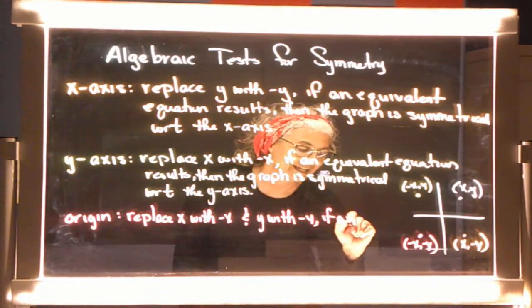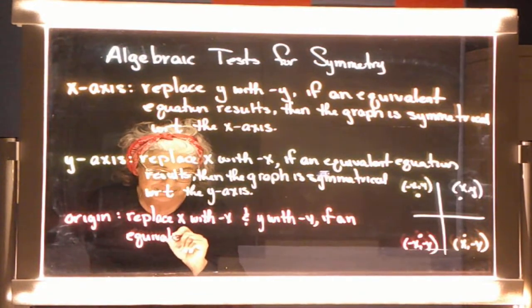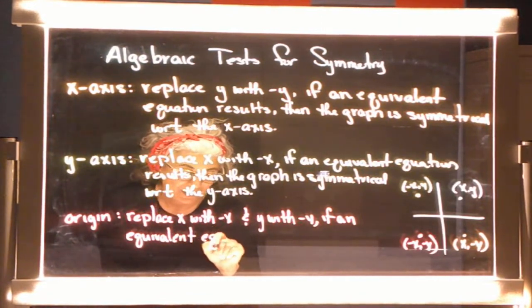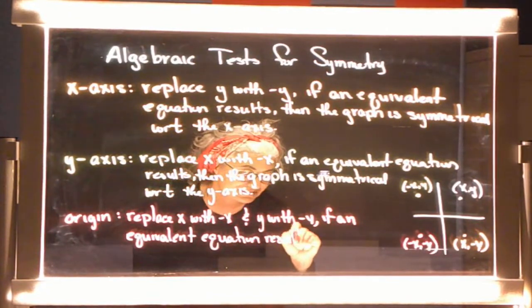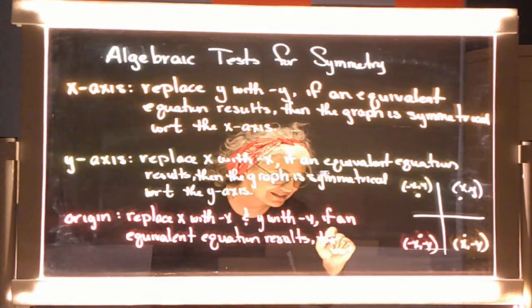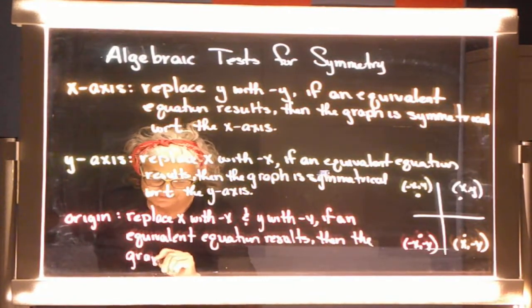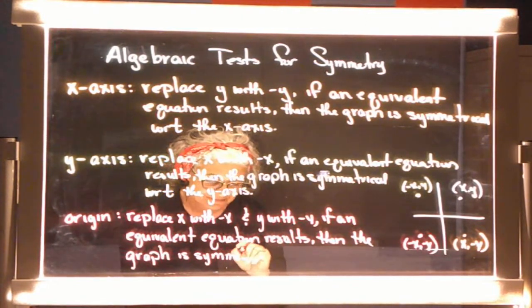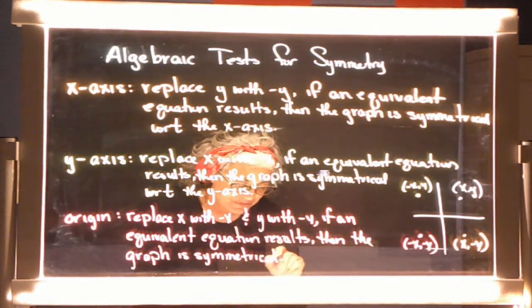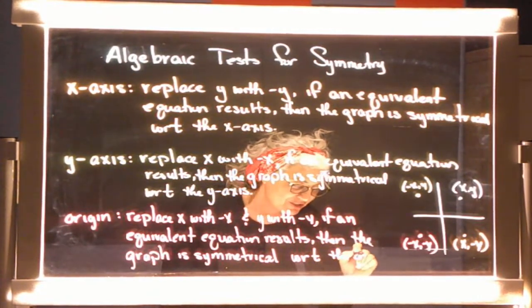If an equivalent equation results, then the graph is symmetrical with respect to the origin.